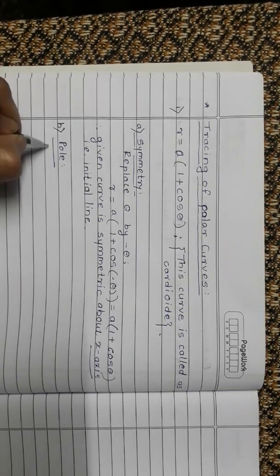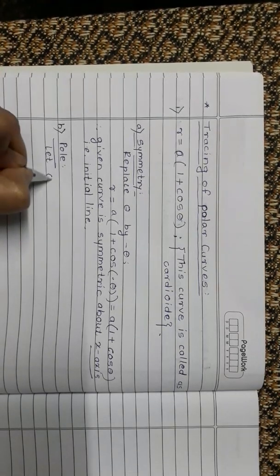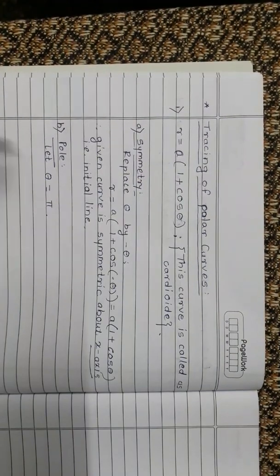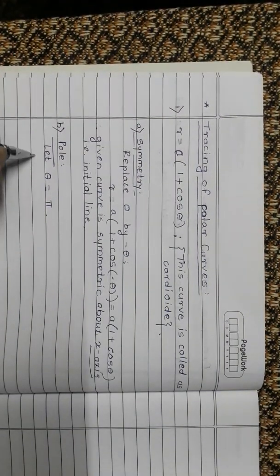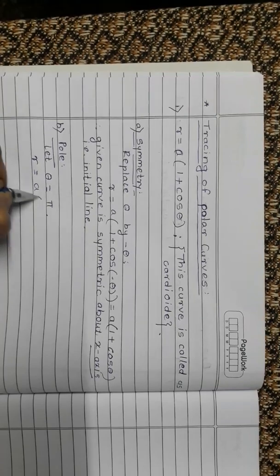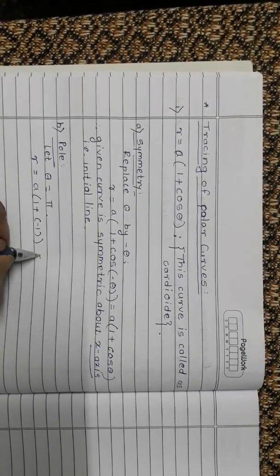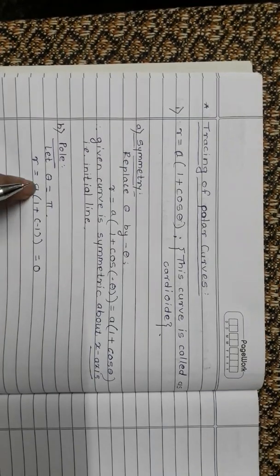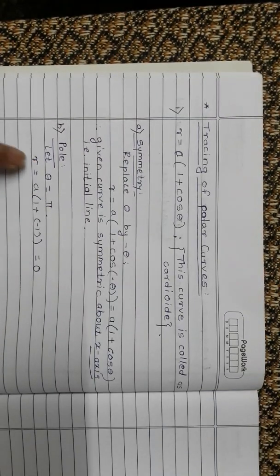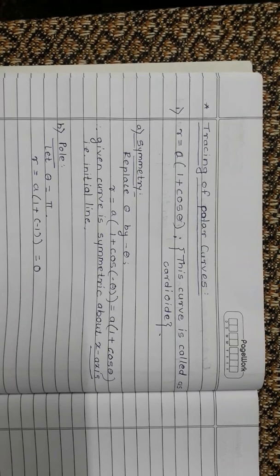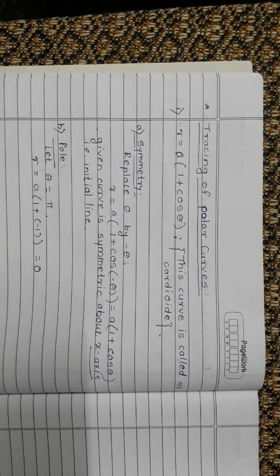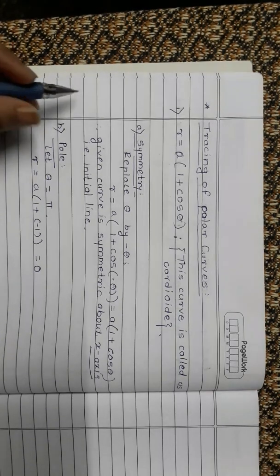If I substitute theta is equal to, say, pi, then let's see what happens. r is equal to a into 1 plus cos of pi, which is minus 1, so this becomes 0. So when I substitute theta is equal to pi, r becomes 0, so that means for some value of theta I am getting r as 0. This implies the given curve passes through the pole, right?